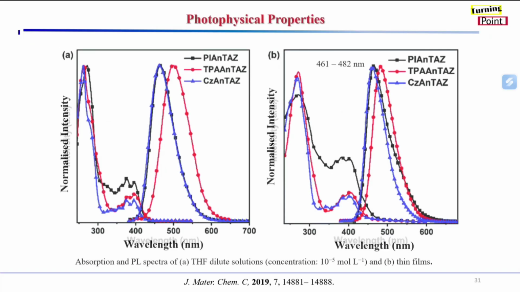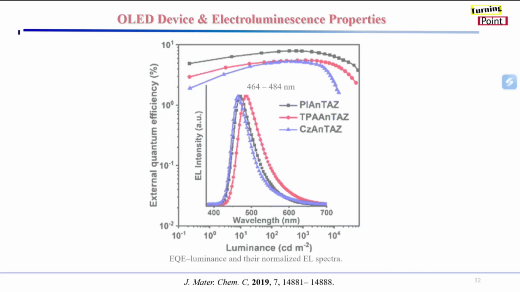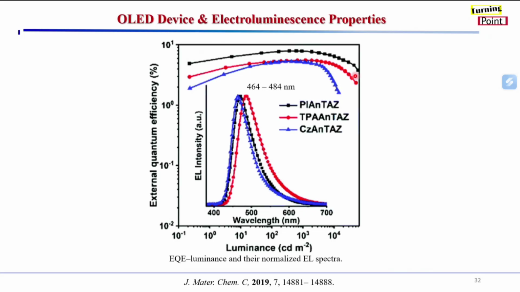All of these three molecules emit in the blue region, in both solid state and solution state, around 461 to 482 nanometer. Therefore, they made the OLED device using these three molecules as emitters, and they got blue emissions for all the devices around 464 to 484 nanometer with good external quantum efficiency value.